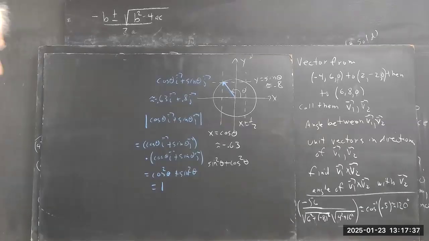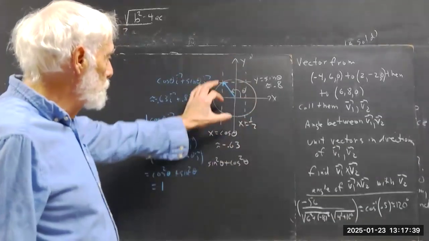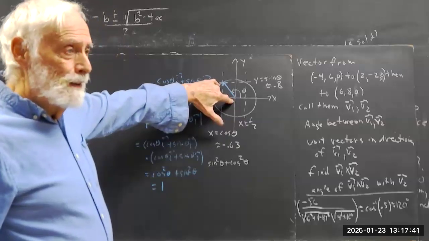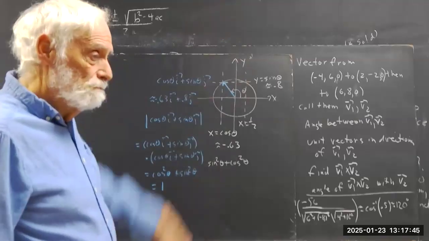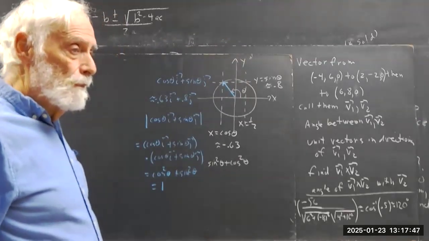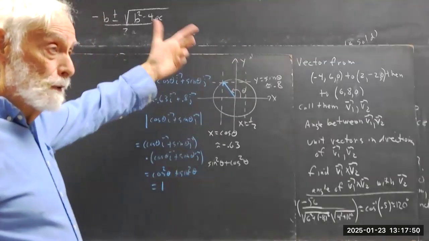Now, of course, it has to be 1 because this circle has radius 1 and this vector has length 1 because it goes from the center to the circle.